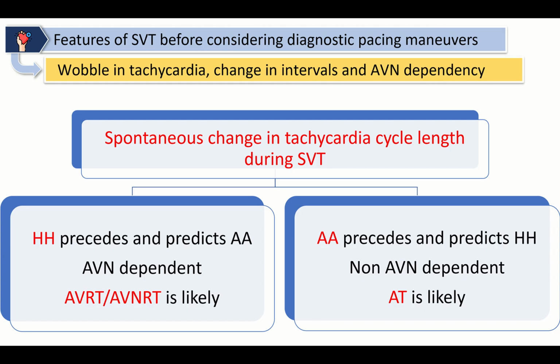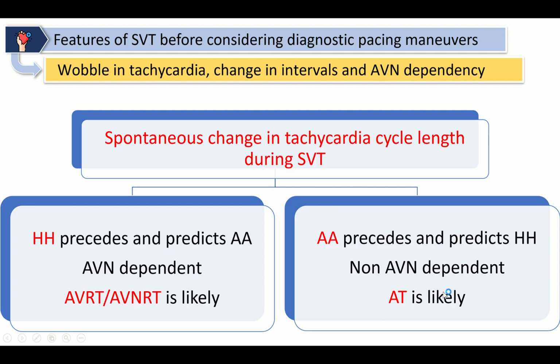When there is wobble in tachycardia, the patient with SVT has a spontaneous change in tachycardia cycle length. Let's see. If the patient has AVRT, it is AV nodal dependent, so we will find that HH interval change predicts AA interval change. Why? Because it is AV nodal. So this is the AVRT response, same as AVNRT.